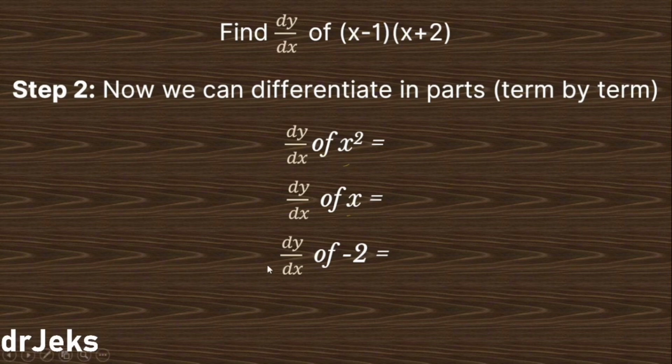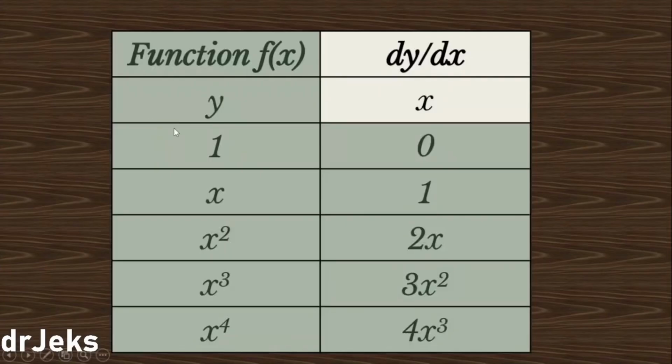dy/dx of x squared is equal to, again, we're going to do what we did in the previous lesson. We have the table, remember the table that I showed earlier on of common derivatives. So if we differentiate x squared, we take that 2, multiply by x, and then say x to the power 2 subtract 1, and we'll get 1 there.